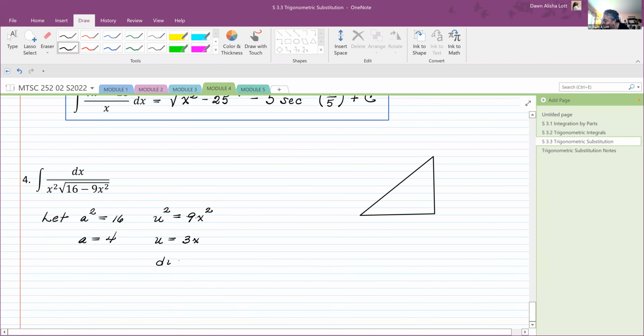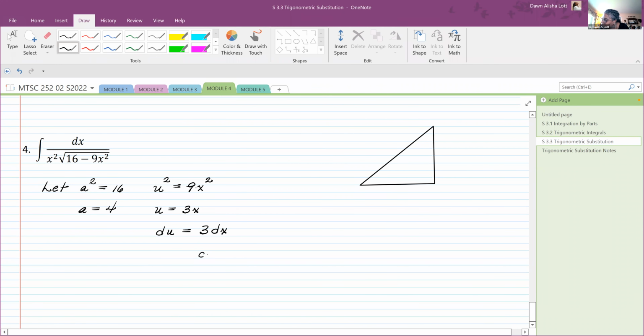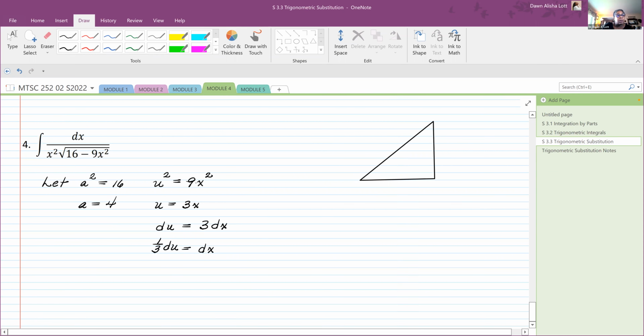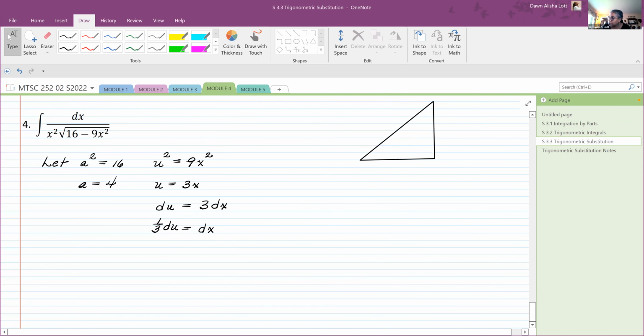So du is 3 dx. dx is 1/3 du. I need x. Okay, well, I'm going to get x from here. So x is going to equal u over 3.